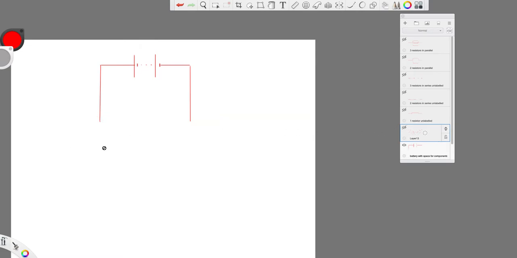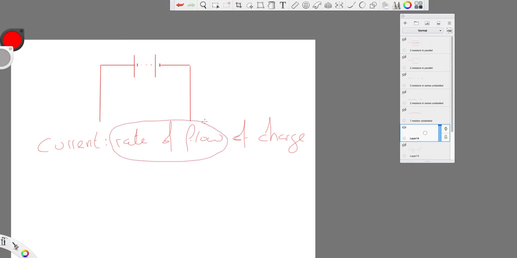Let's consider current then. Well, that is the rate of flow of charge. So rate of flow, that means it's got something to do with time, right?